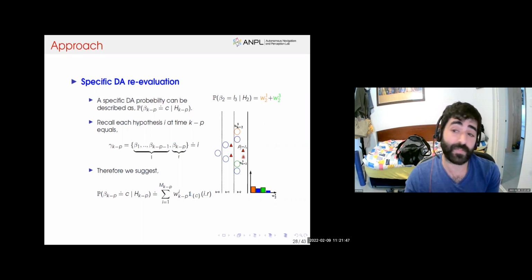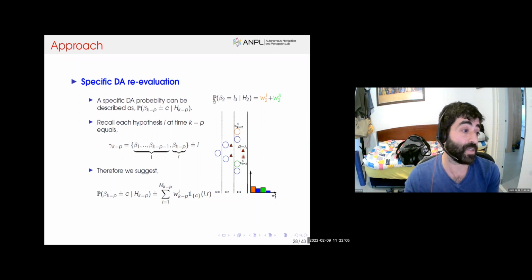In the GMM at time k minus p, for instance, we have several hypotheses with different vectors of DA. Each one has a different gamma indicator, but some of them can have the same data association at time k minus p at the last point.